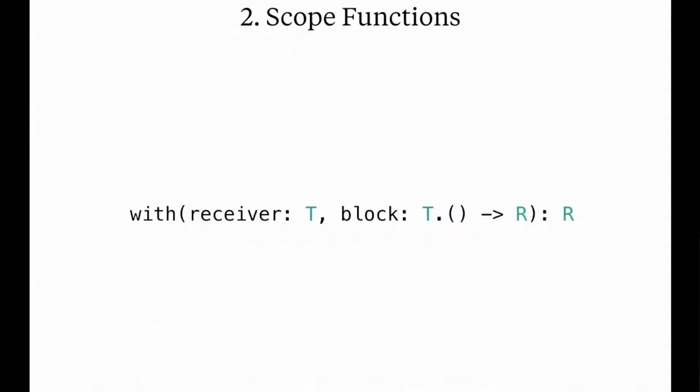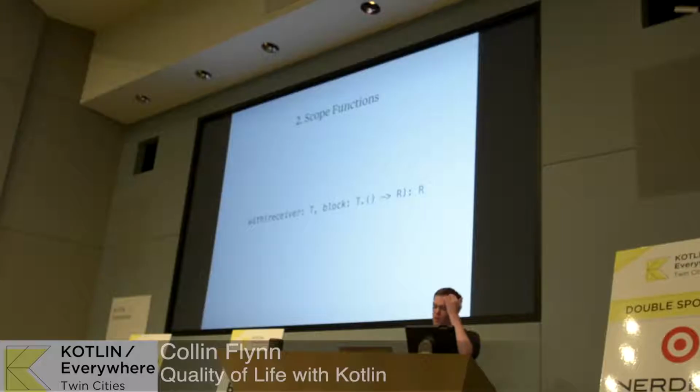With operates pretty similarly to run, except you're passing in something, and it often reads more like with X do Y, and it returns the return of that block. So I like to use this one when it reduces noise of calling something.